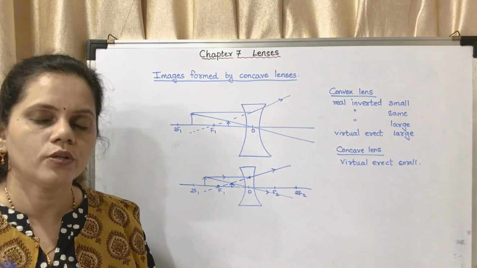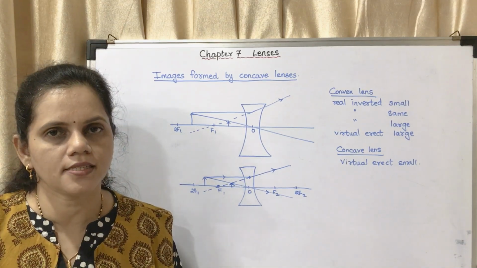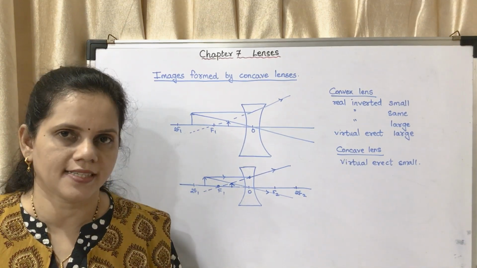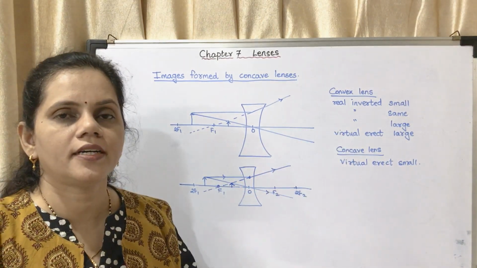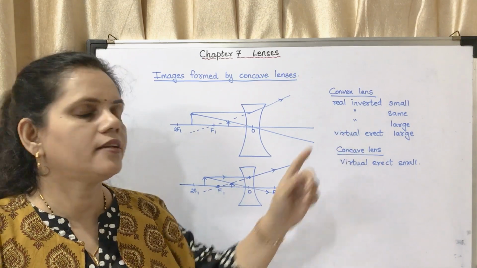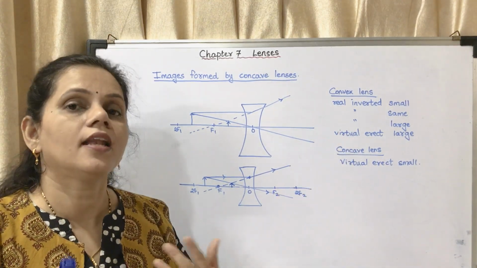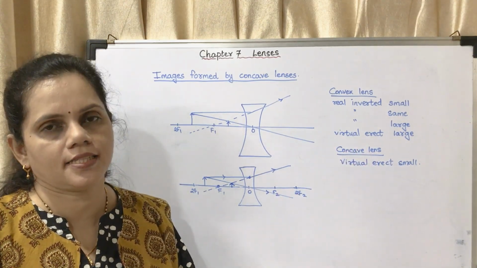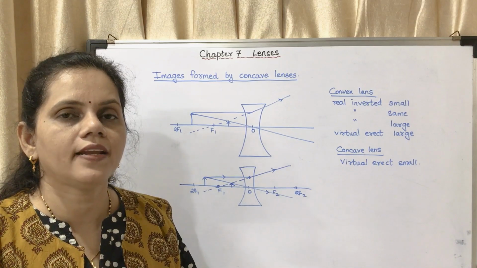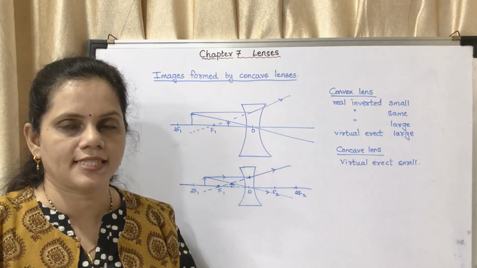Now you have studied the images formed by concave lenses and images formed by convex lenses. Convex lenses are able to form real inverted and small image, real inverted and same size image, real inverted and large size image, and virtual erect and large size image. And concave lens is able to form only virtual erect and small size image.